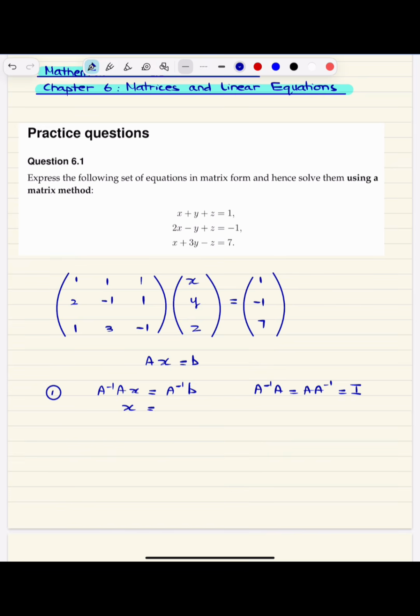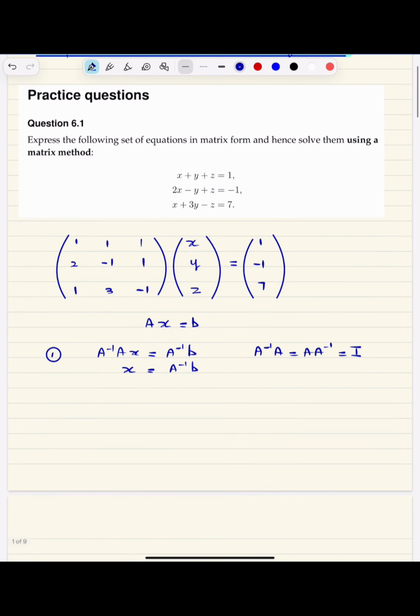So either you can calculate the inverse of the matrix and multiply it through, or you could use Cramer's rule to solve such a question, or you could just construct the augmented matrix and convert it into a row reduced form and then derive the answer.